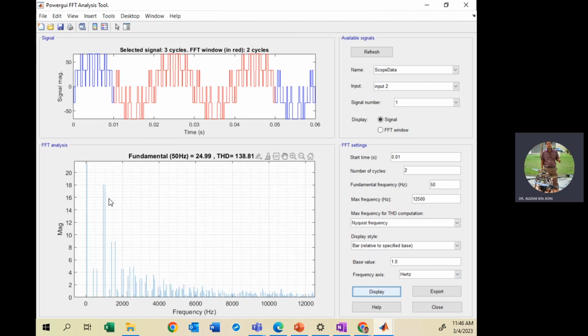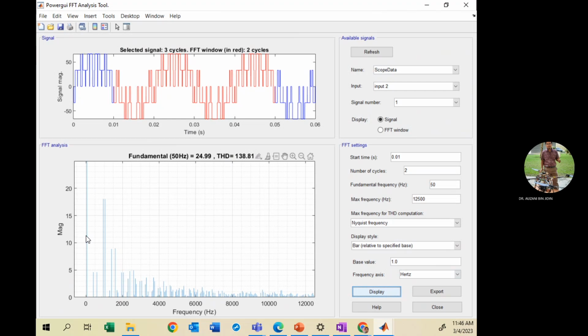So this is the fundamental component located at 50 Hz, where the value is 25 volt. So you see, by controlling the first control parameter, MI, you can adjust the fundamental component, V1.